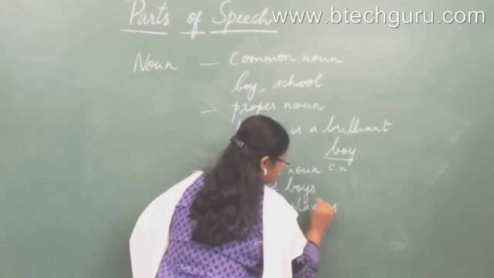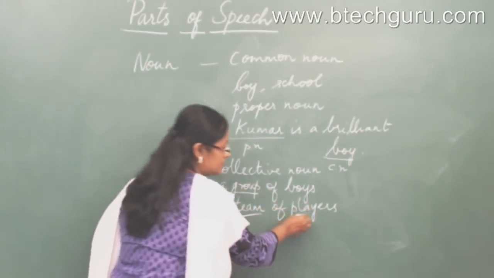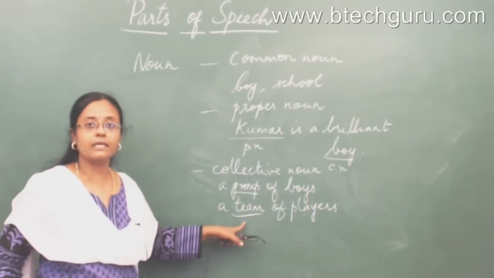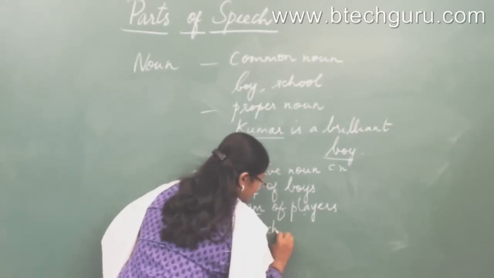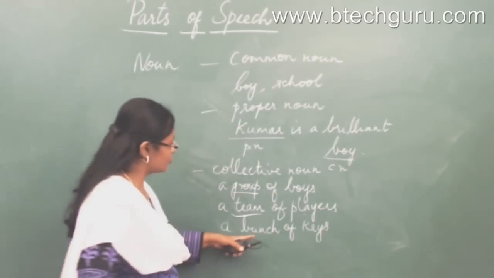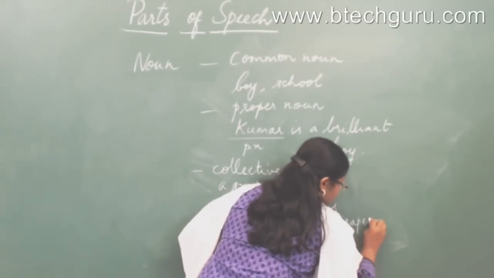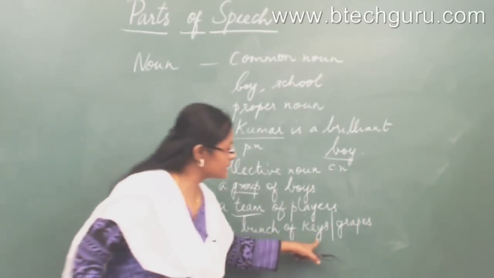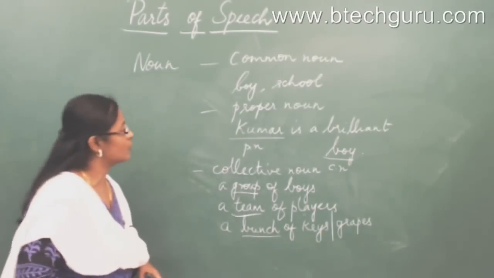Now you see boys, common noun, but group is a collective noun. Players is a common noun, team is a collective noun. Then a bunch of keys. Now we have specific words for certain groups. We use a bunch for grapes also, a bunch of grapes. So keys, grapes, they are common nouns, but the word bunch is a collective noun.